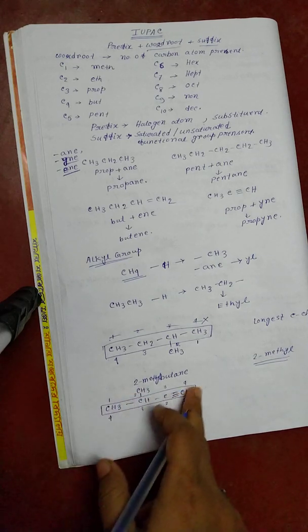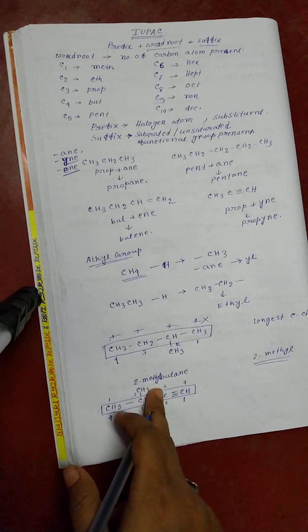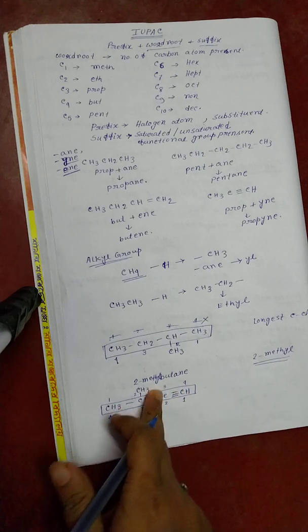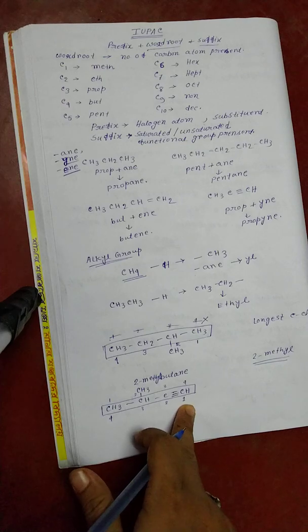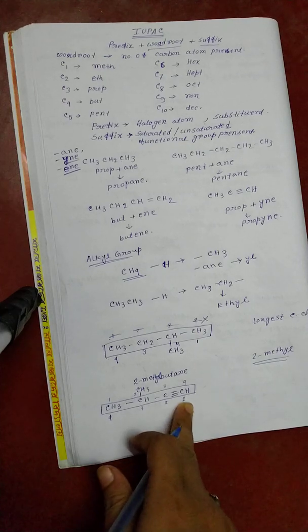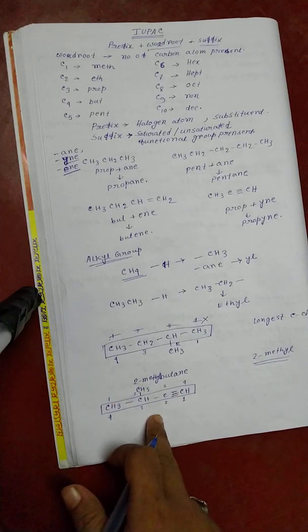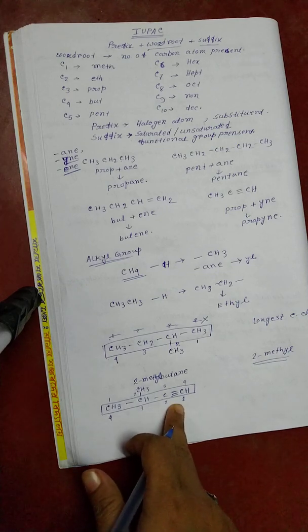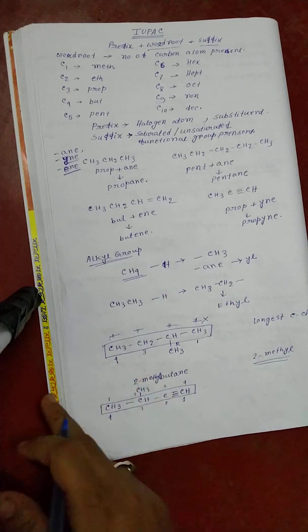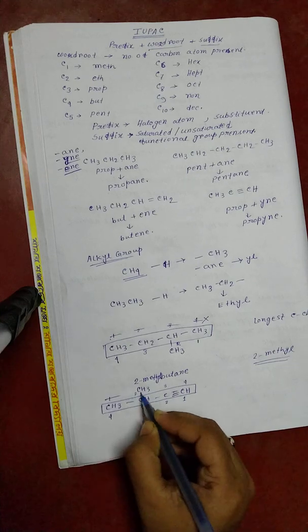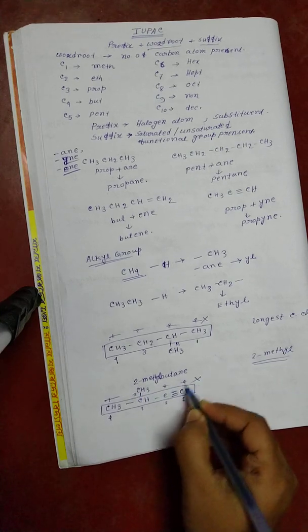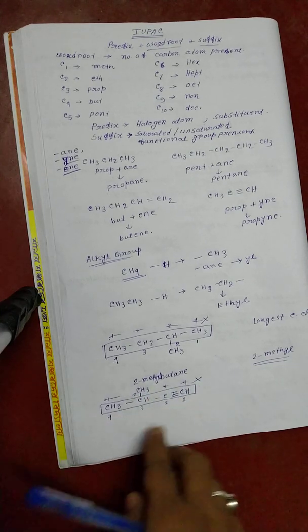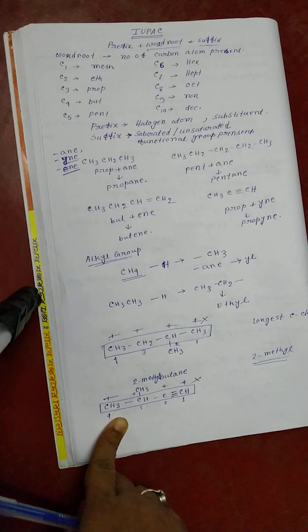But in that case the unsaturation comes from carbon 3, and in this case it comes from 1. So we must give the first priority to the double or triple bond, not the substituent. So this direction is wrong for the numbering, and this is the right numbering.